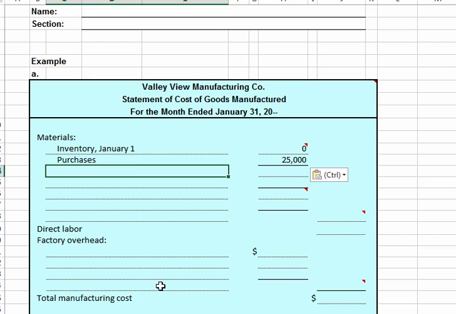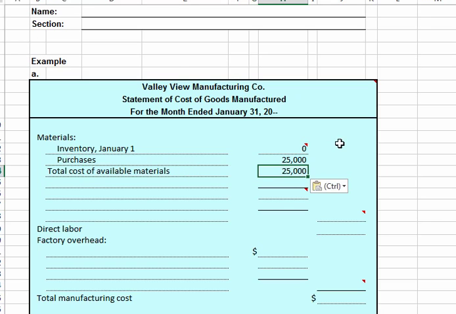We'll add that to the inventory of materials on January 1st, in this case 0, and then the total cost of available materials, 25,000. Now here's a number you have to calculate. It's just beginning inventory, or inventory in this case on the first day of the month, plus purchases of materials that month.